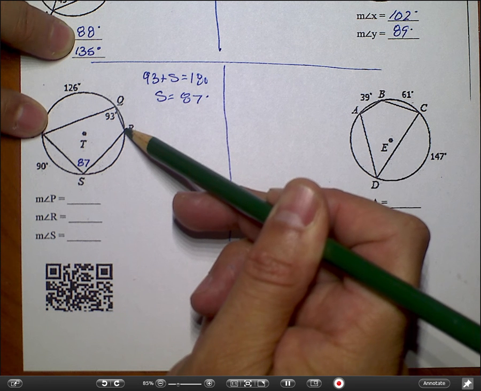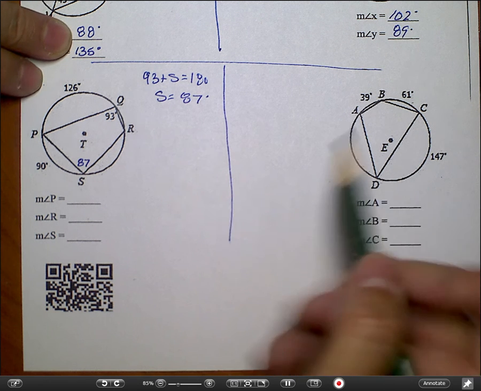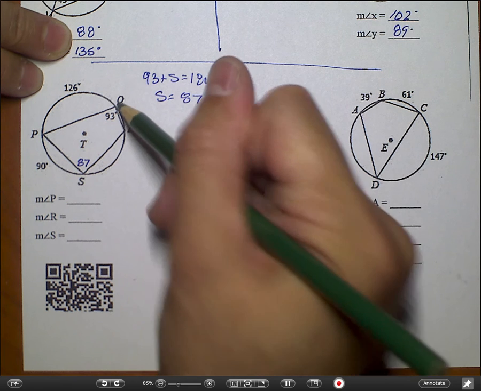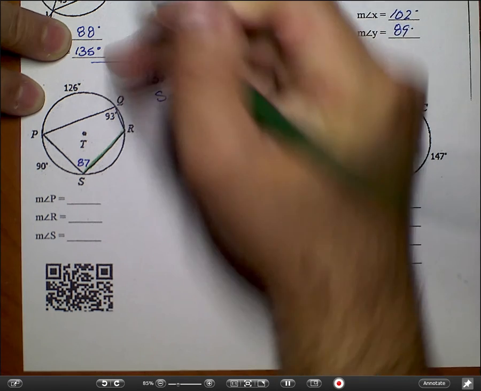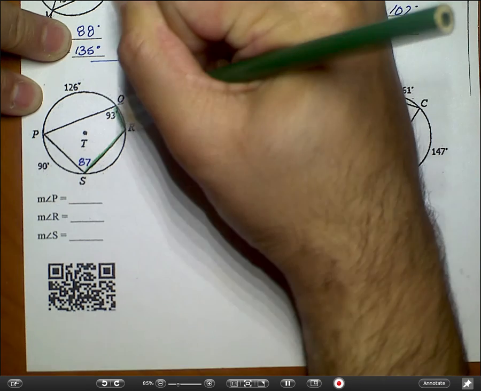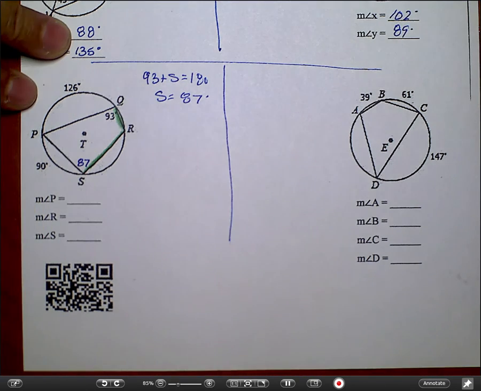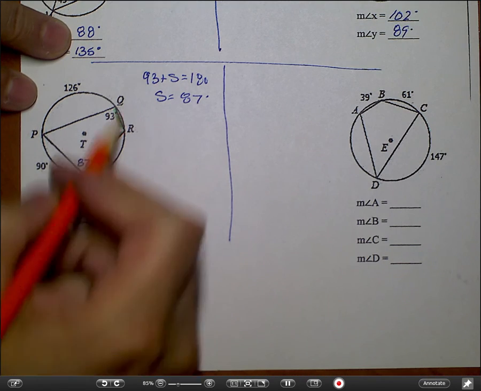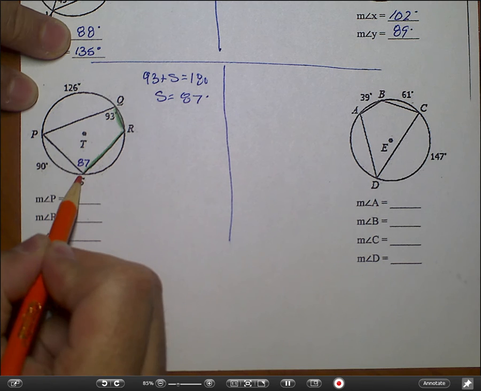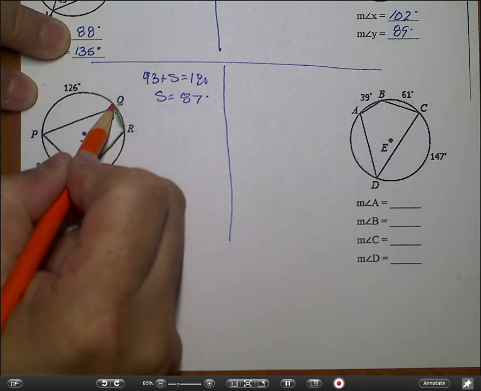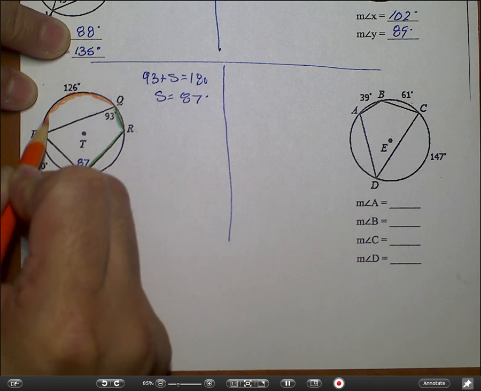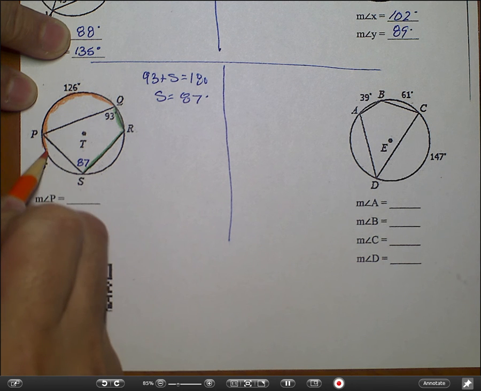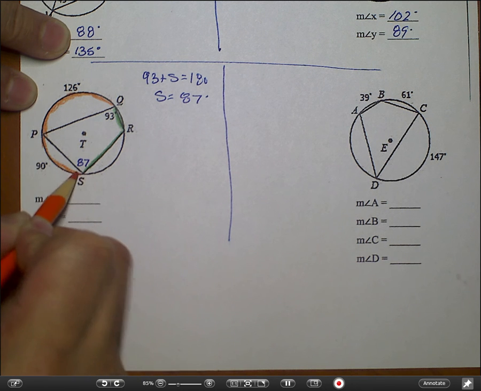What are the endpoints of angle R? Q and S. So that means that the pizza crust that goes with that goes from Q all the way over to S. So Q to P to S.